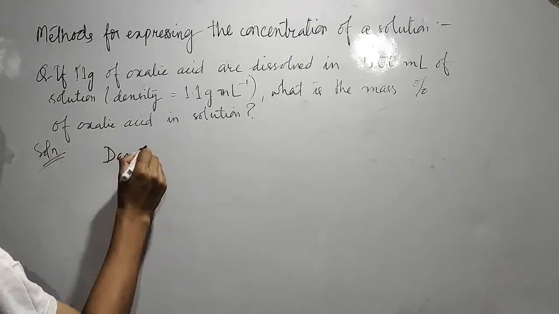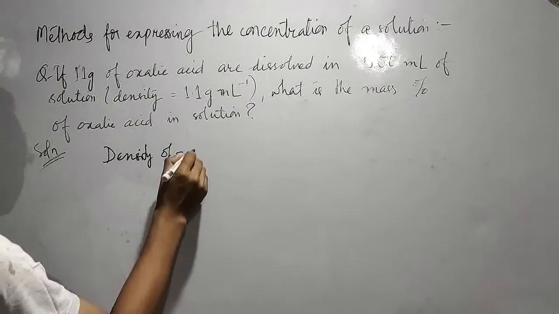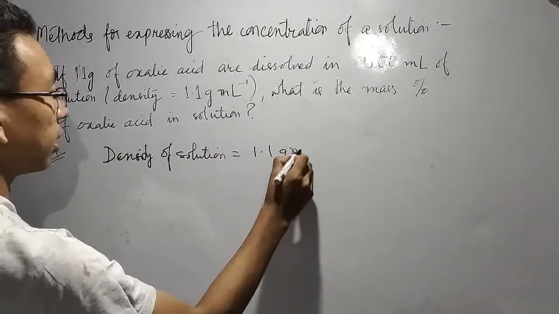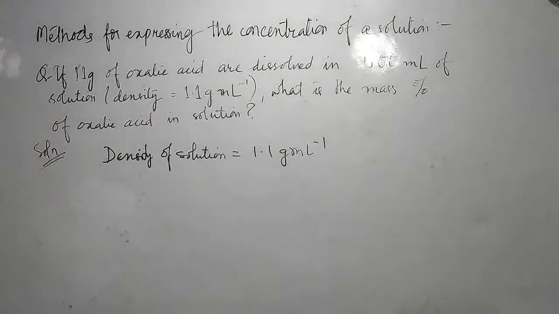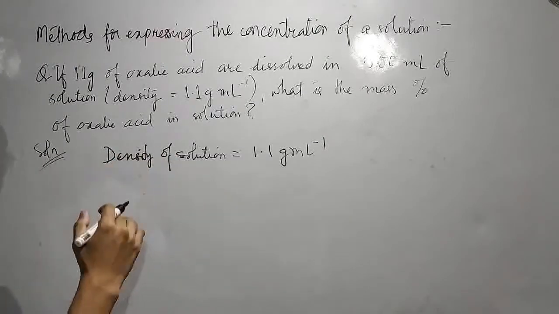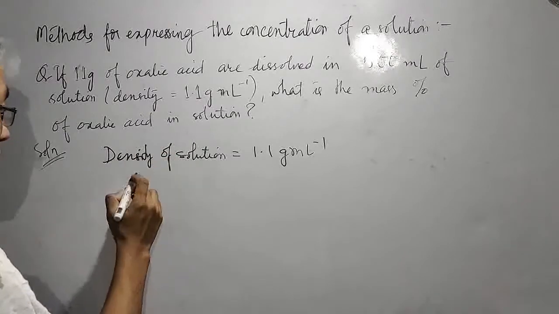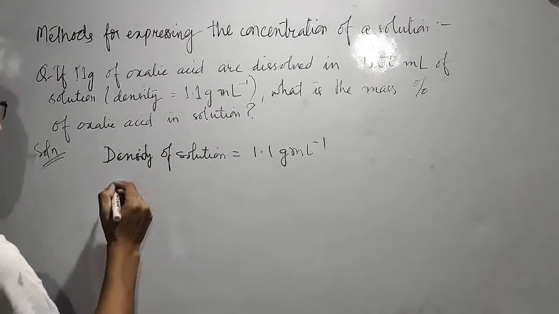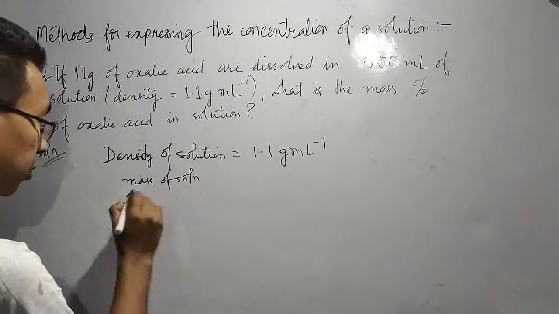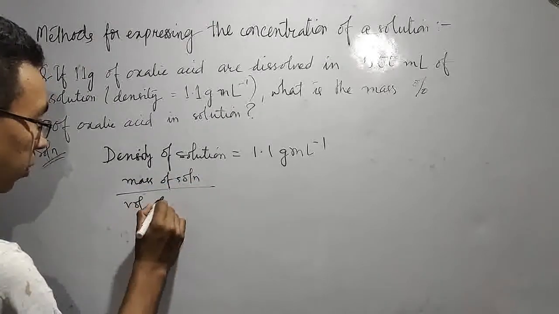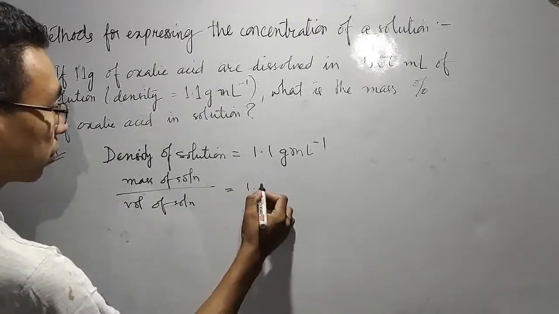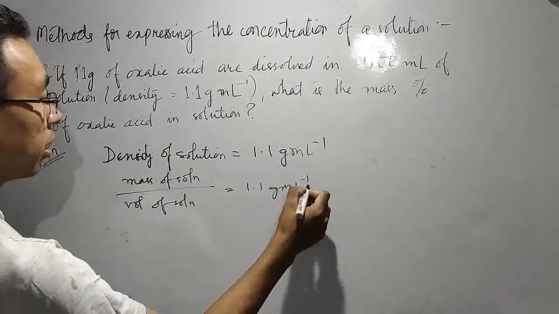Given, density of solution equals 1.1 gram milliliter inverse. We know the density formula is mass by volume, so density of solution is mass of solution divided by volume of solution, which equals 1.1 gram per milliliter.